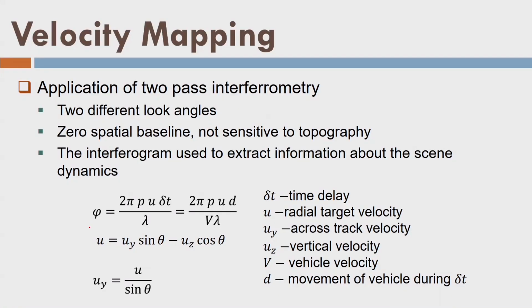Now let us look at one application of two-pass interferometry, and that is velocity mapping. Remember, I said that during these two passes we assume that the point is not moving on the terrain. Now assume that there is a glacier and the glacier is moving, and because of that the point is also moving.